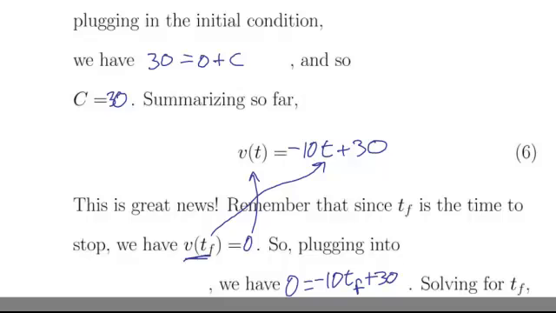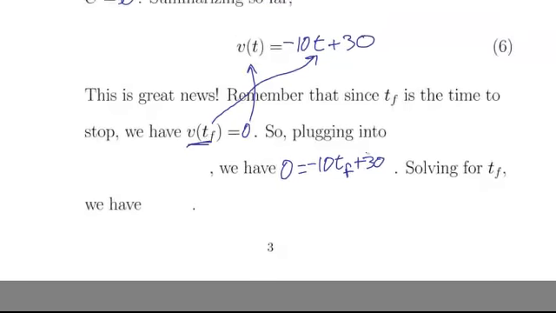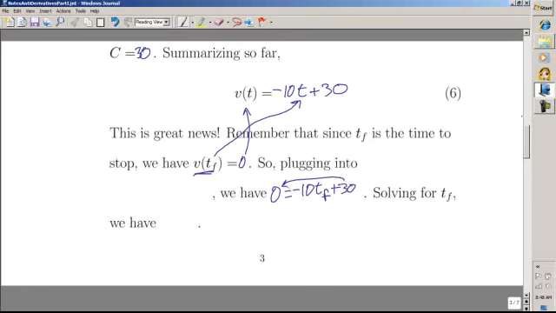And then solving there for TF, this is just basic algebra. Take the 30, subtract that on both sides, divide both sides by negative 10. Then we get that TF is going to be equal to 3 seconds.